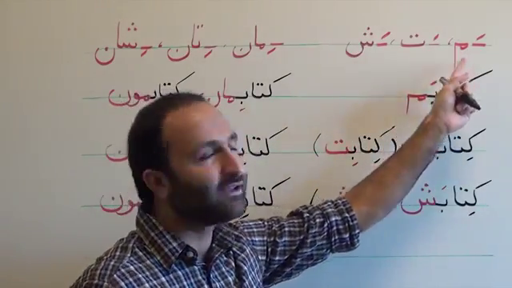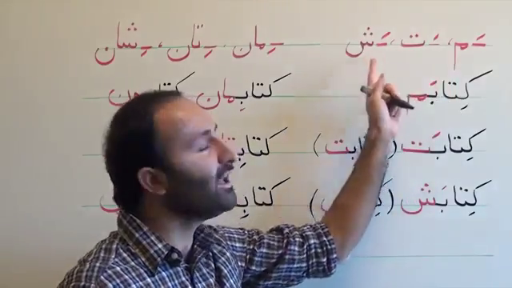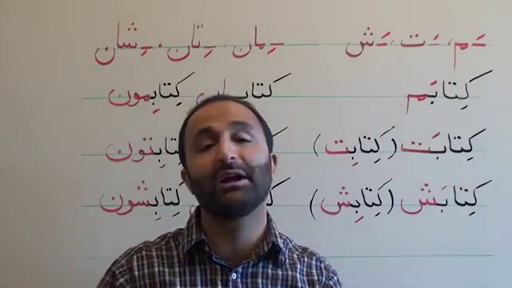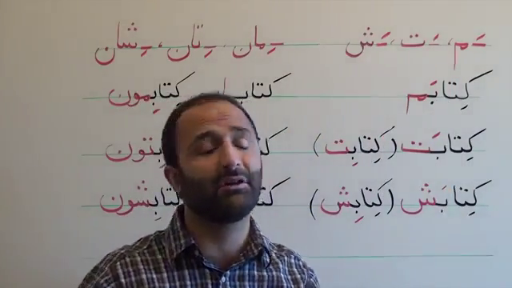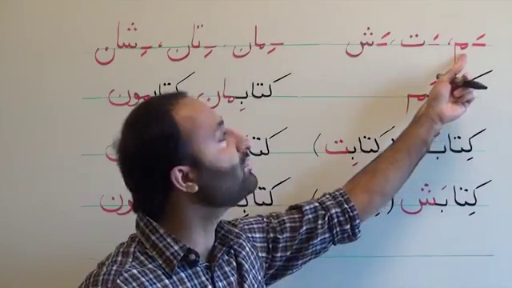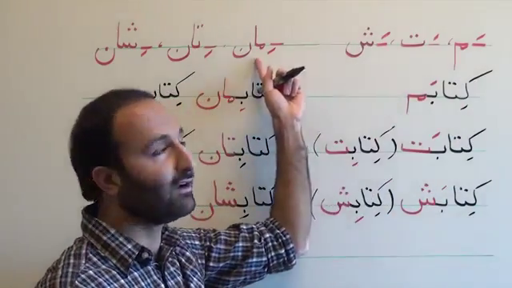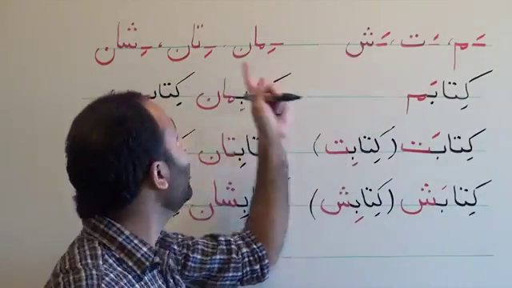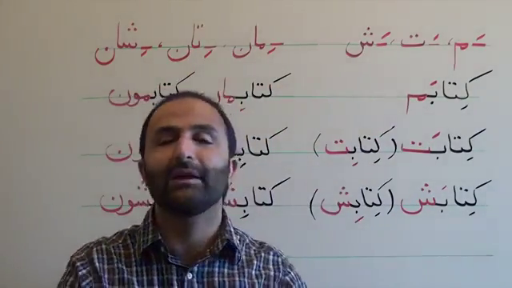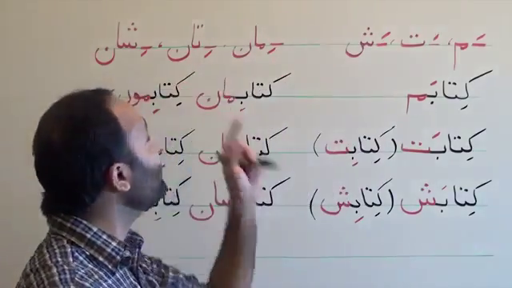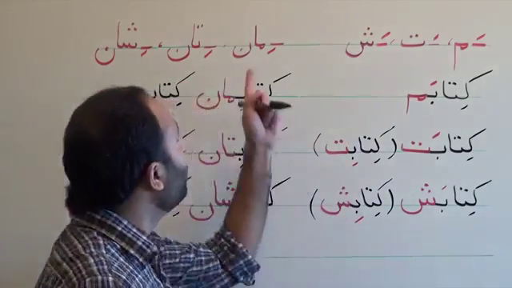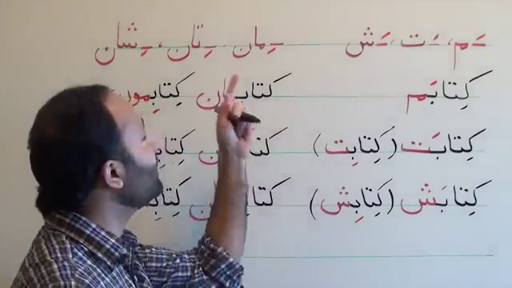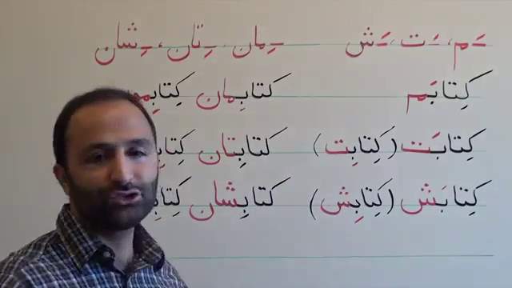If you add that suffix to these, you have the plural forms of the endings in Farsi. Am changes to man, at changes to tan, and ash changes to shan. And all of them in spoken form change to un: man changes to mun, tan to tun, and shan to shun.